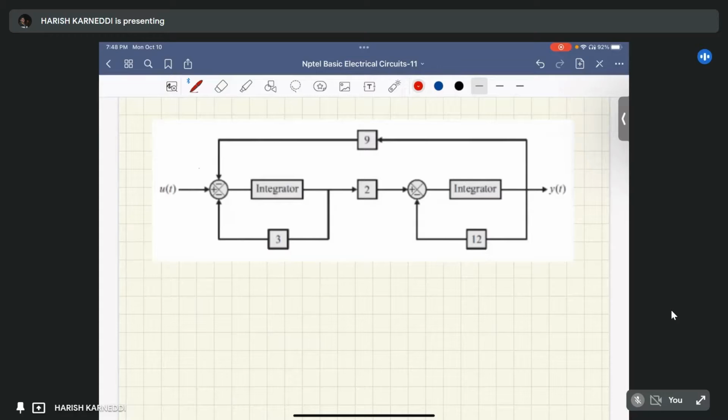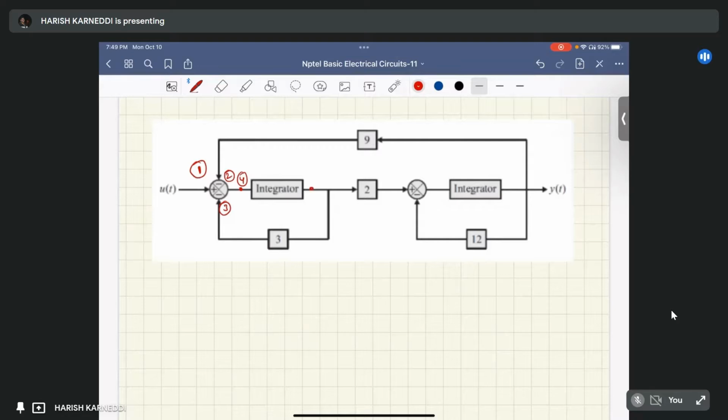First, we will write nodes. Let us suppose this is our node 1, and this is our node 2, this is node 3, and this is node 4.